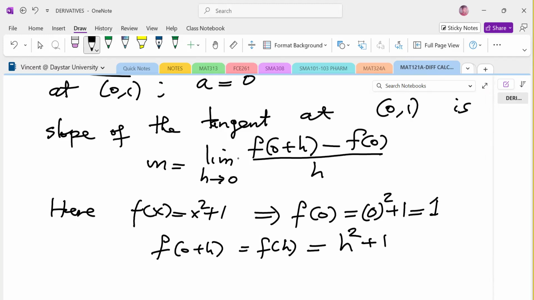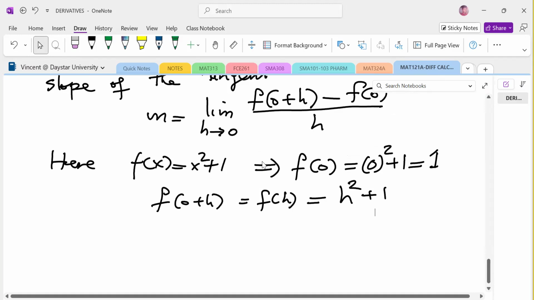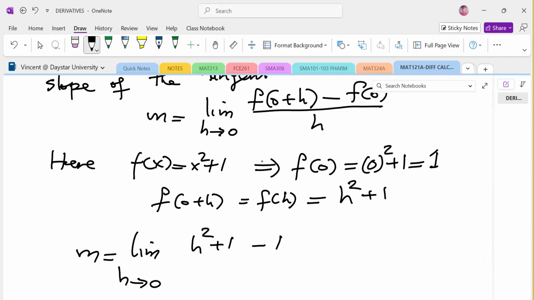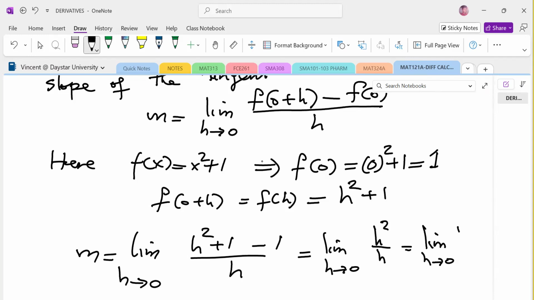So m will be limit as h approaches 0 of h squared plus 1 minus f of 0, which is 1, divided by h. So 1 minus 1 is 0, so this will be limit as h approaches 0 of h squared over h. Then h squared over h is just h, so this will be limit as h approaches 0 of h.